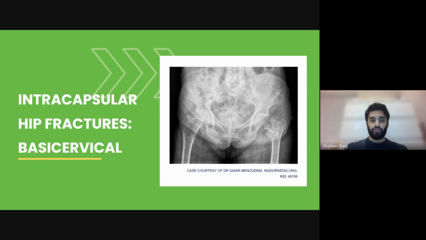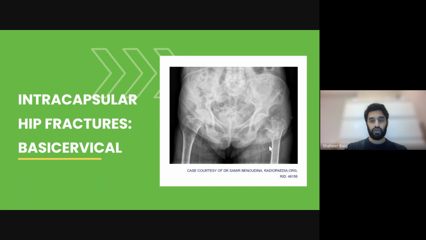And then we've got a lower cervical or basicervical fracture, which is also intracapsular. You can see there's a larger degree of displacement here. We're coming a little bit pericapsular here, because we can now see that there's a bit more proximal displacement of the femoral shaft on the left side, secondary to this fracture, which is quite obvious.